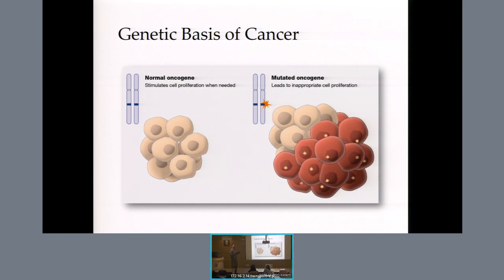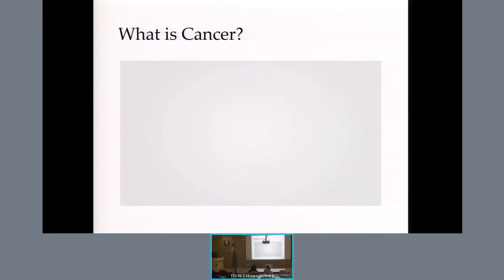When cells increase their number, so this is what we call cell proliferation, the increase in the number of cells. So let's start with this video and see how we define cancers, and what's the difference between tumors and cancers.